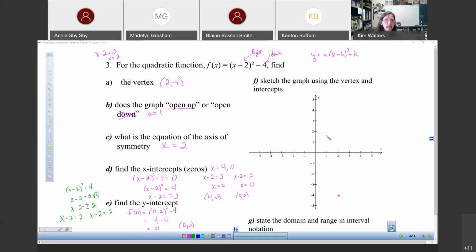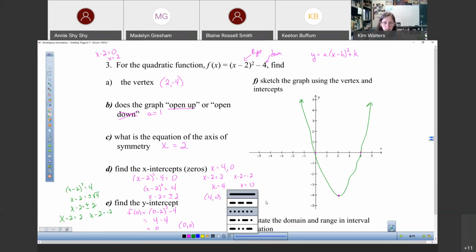So now I'm going to sketch the graph, and we're going to see if it kind of lines up here. I know my graph is kind of funky. I just have a hard time with that right side of my functions. Okay, so here is my graph. It opens up where everything lines up. It should be kind of symmetrical about this. I'm going to draw this little line in here so that you can see.